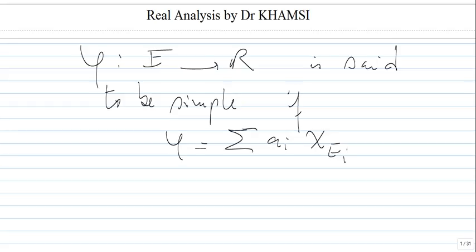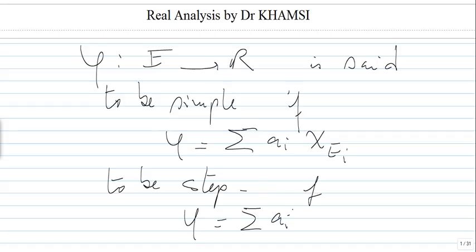And it is said to be a step function if phi is equal to the sum of a_i times chi of I_n, where the I_n's are intervals. So either your function is a linear combination of characteristic functions on disjoint measurable sets, or on disjoint intervals. This is the difference between a step function and a simple function.